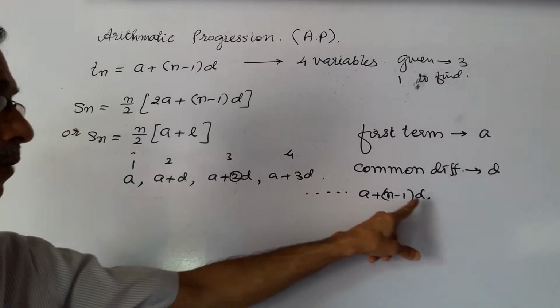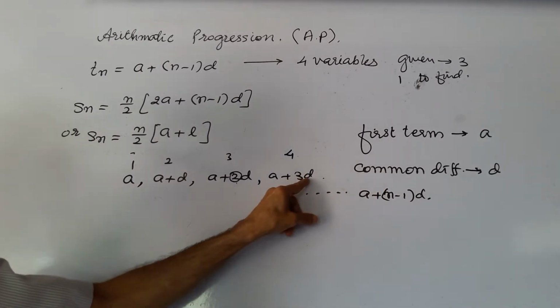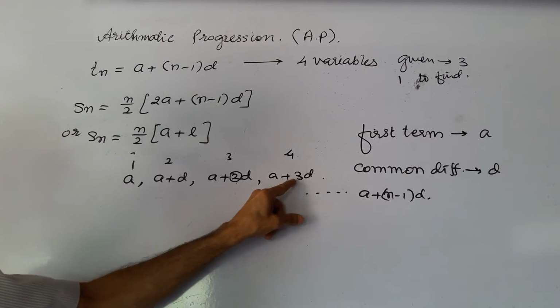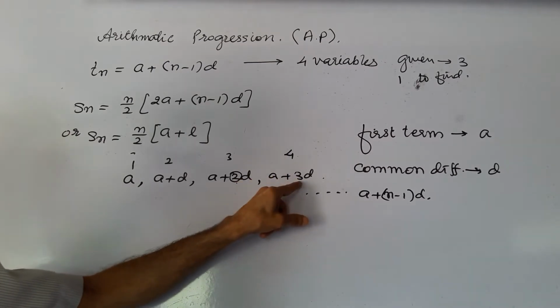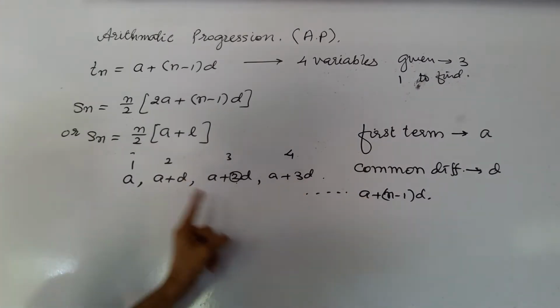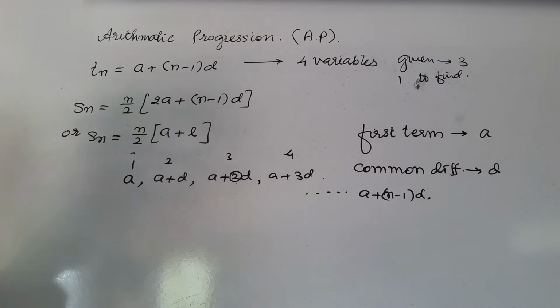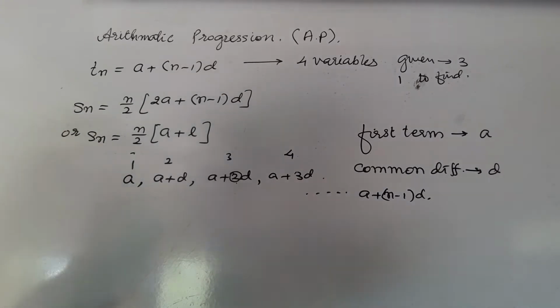And that's why the nth term will be what? N minus 1. Because you will find that the coefficient of D is 1 less than the number of the term. And that's why if you want to find the term, then this is the formula, A plus (N minus 1)D. Now, taking the help of this formula, let's solve a few sums.